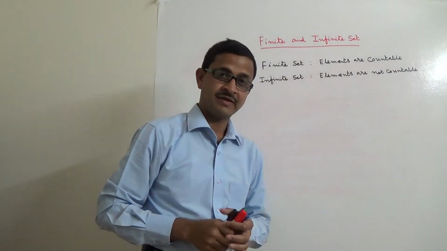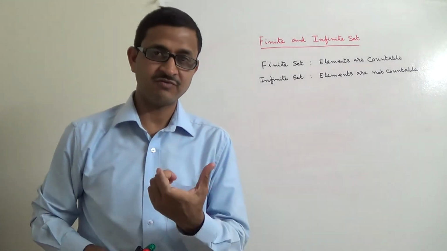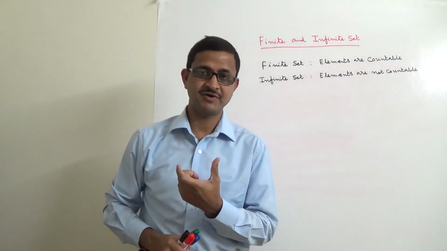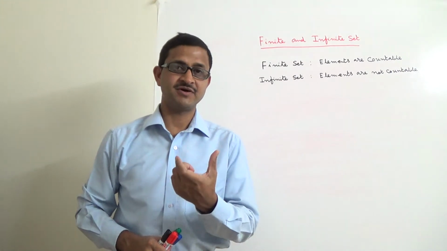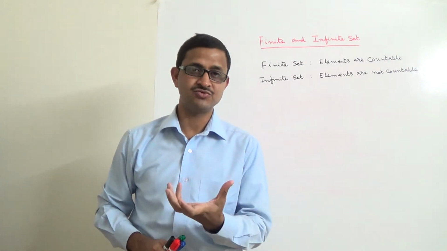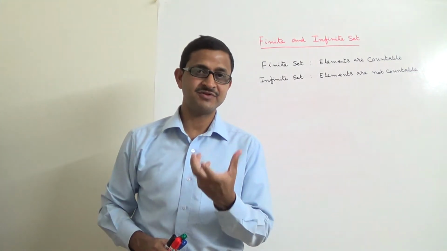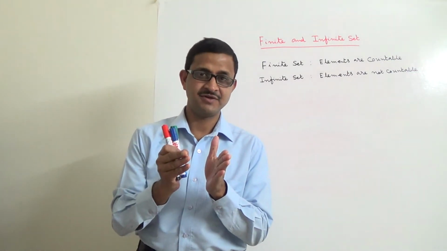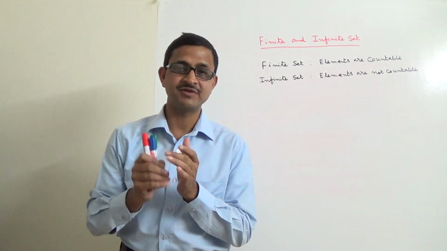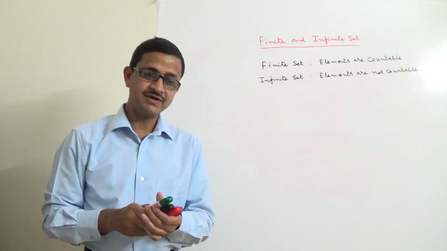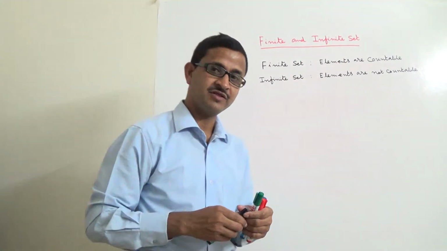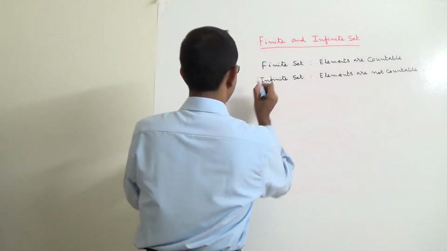Now, in the case of a finite set, where the number of elements is finite, meaning we can count, the number of elements present in a set is called the cardinality of the set. So cardinality applies mainly for the finite set.